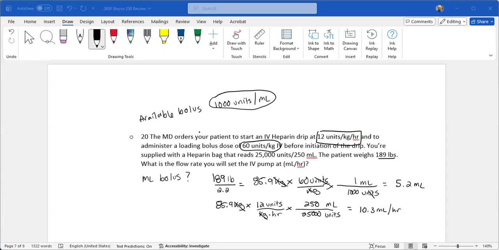You draw up the bolus dose amount and put it in the port that goes right into the IV, and they get a big boost of heparin first, and then the rest just titrates over the 6 hours that they're on this protocol. Does that make sense? You're welcome. Yeah, great question. So bolus will just be milliliters.